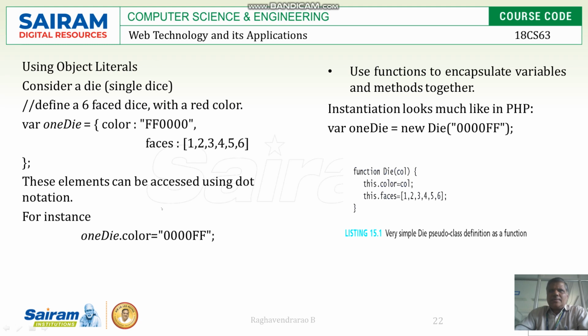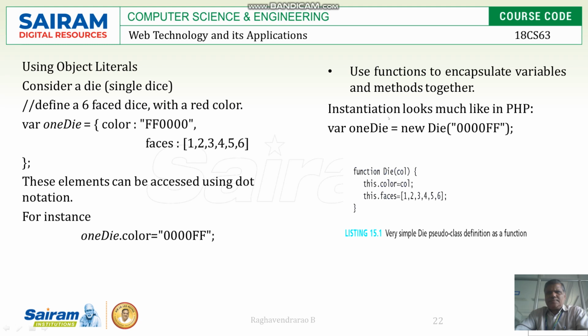The same thing you can write by using encapsulation, with the variables and the methods used together. So here is a function, using this new function. It is the same program, but you are combining the variables and methods. So new die, the color name that is specified.